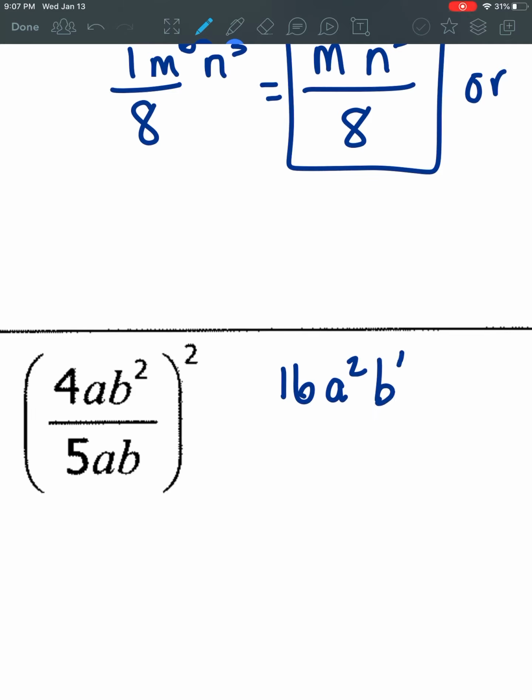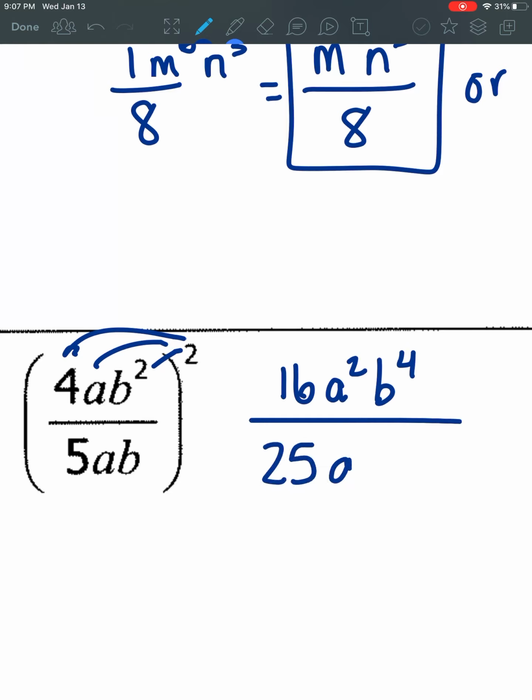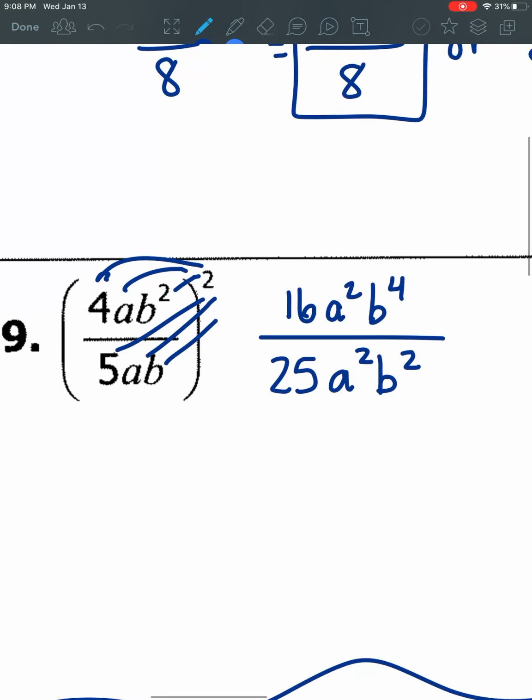Again here, so 4 squared is 16, a squared, b to the 4th. I'm distributing that 2 to everything. Then 5 squared is 25, and we get a squared, b squared. Again, went to all three. 16 25ths, we cannot simplify, so we're going to keep it.